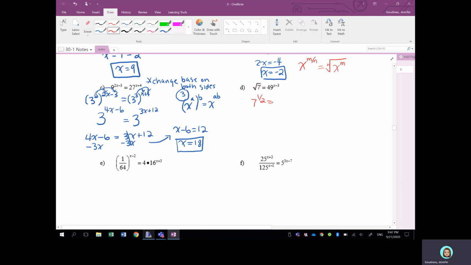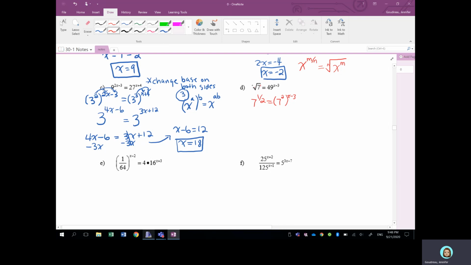Also on the other side, we can see that we have a 49 there. Right now, 7 and 49 are not in the same base, but using my number sense, I know that I can take 49 and write it as 7 squared. So I'm going to take the 49 out, replace it with 7 squared, but I still have to leave that exponent of x minus 3 there as well.